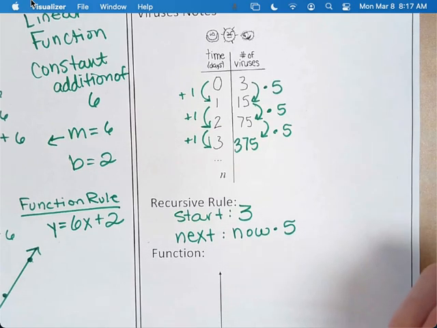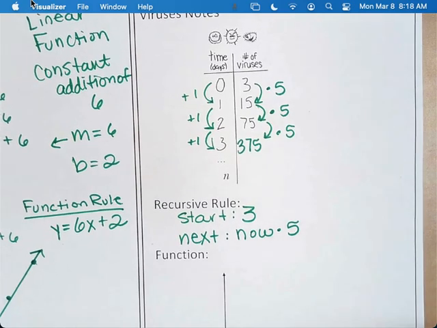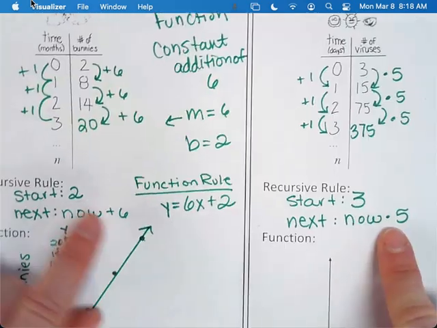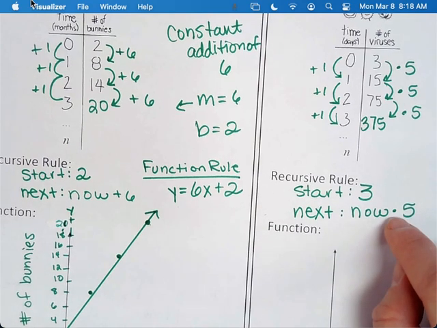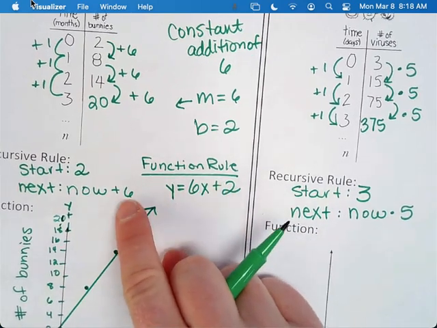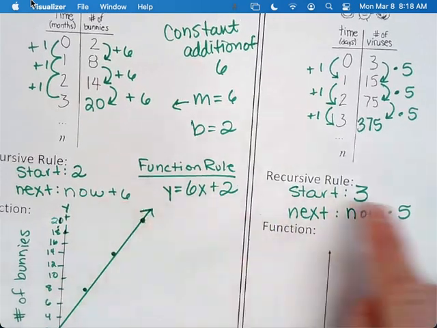So earlier we said viruses increase faster. And why is that? Because it's multiplied by 5. Addition by 6. Multiplied by 5.